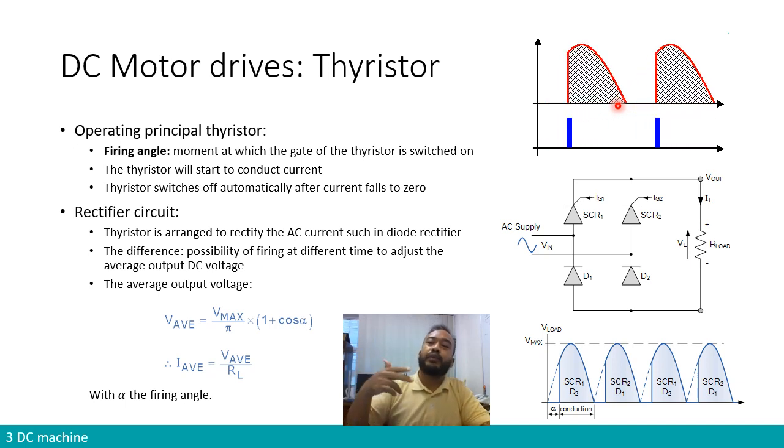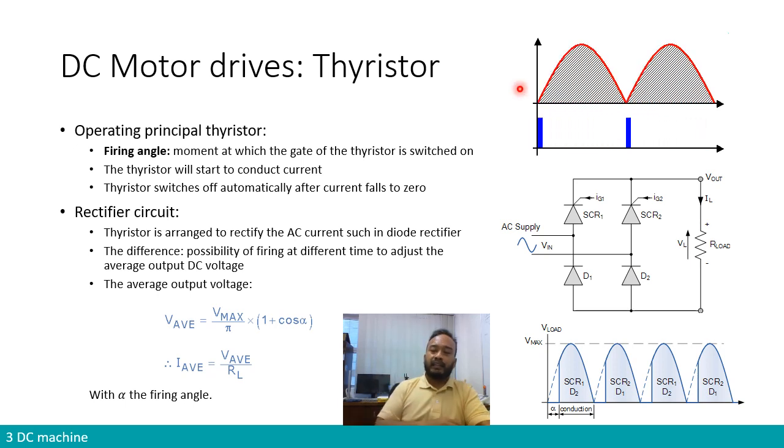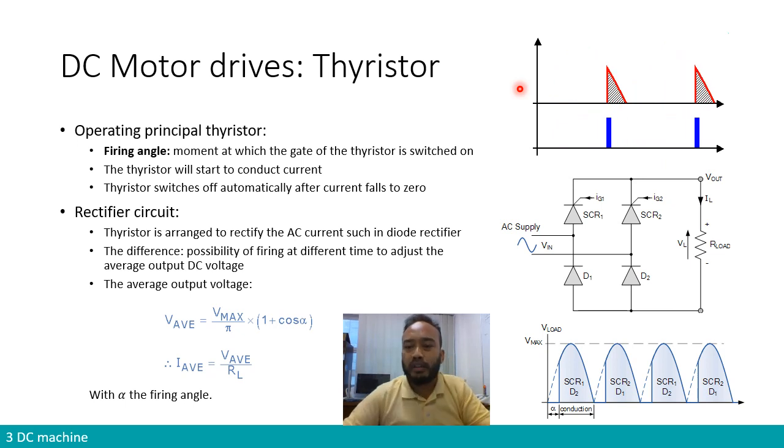Therefore, if we calculate the average voltage, it will be reduced. And if the firing angle is at pi, we will basically turn into a DC voltage of 0.